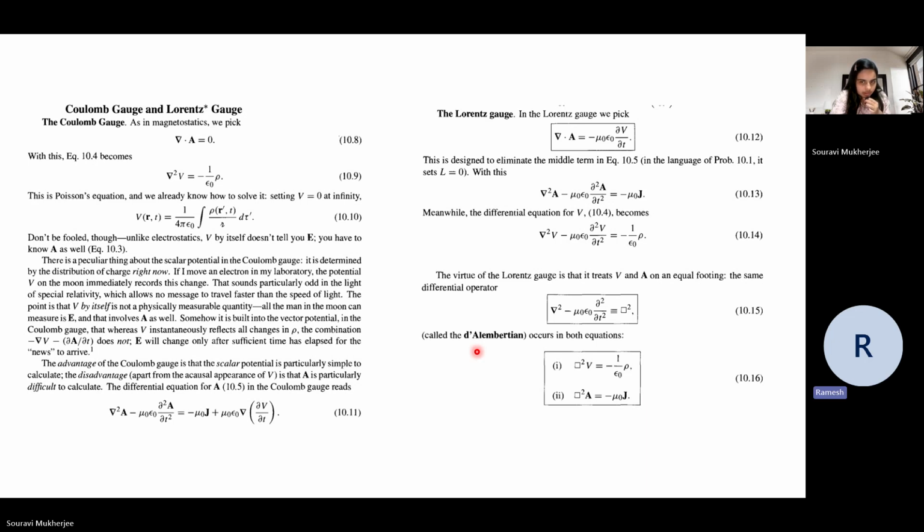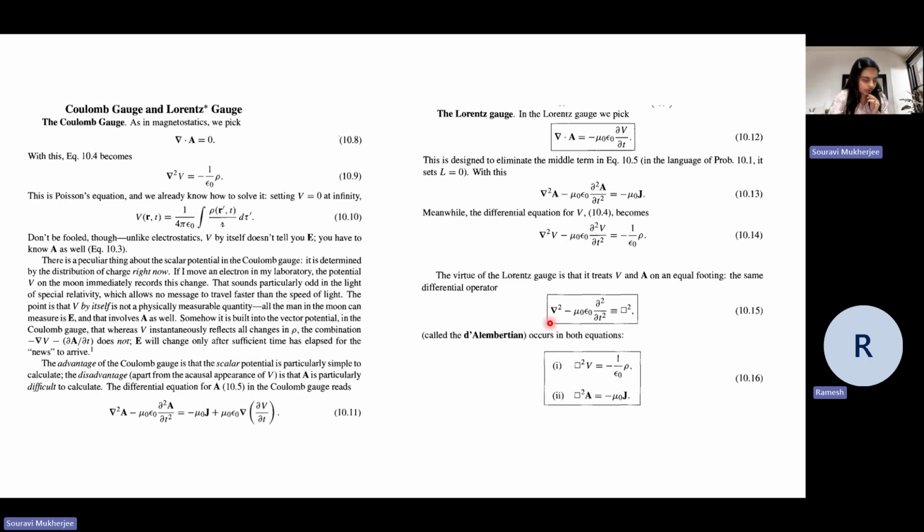Is it a vector operator or a scalar operator? It has both kinds of things, right? It's operating on the vector potentials as well as on the scalar, because you have this del square term, and the time derivative you can take for any quantity.